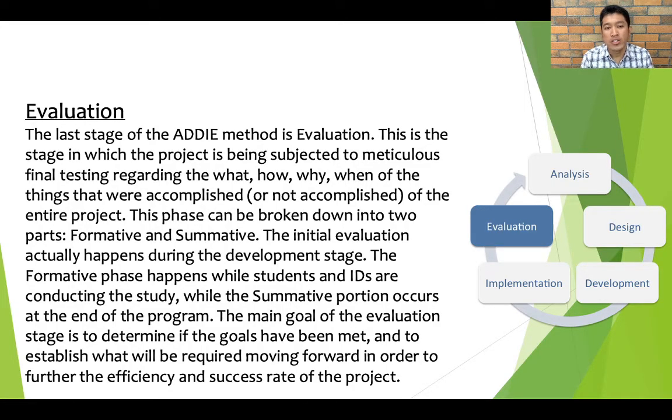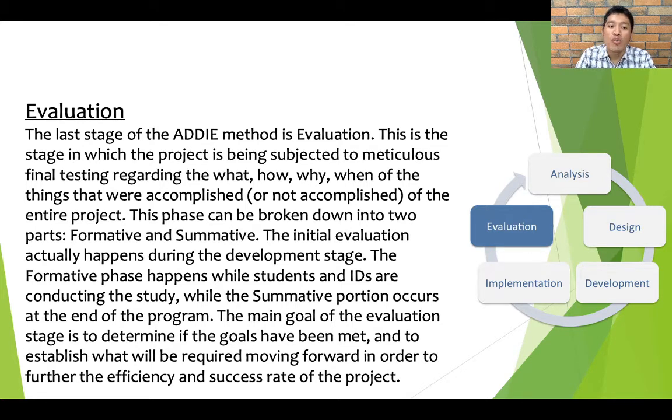Evaluation is the last stage of ADDIE method. So this is the stage in which the project is being subjected to meticulous final testing regarding the what, how, why, when of the things that were accomplished or not accomplished of the entire project. So this phase can be broken down into two parts, formative and summative.